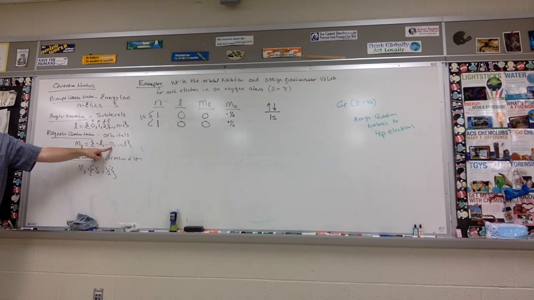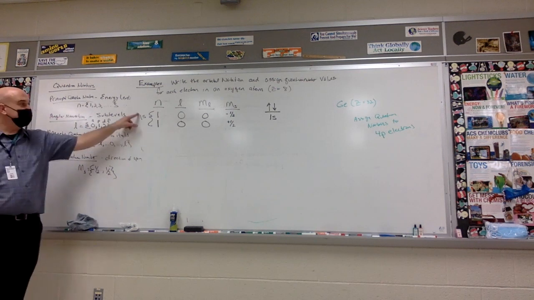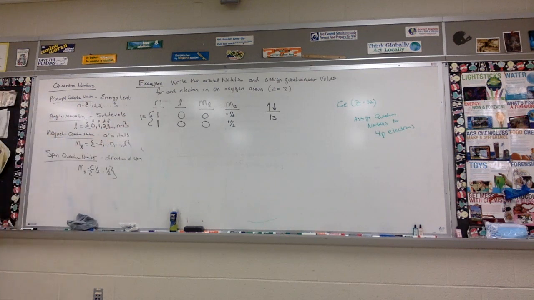Because in any S sublevel, I can only have one orbital, but I can put 2 electrons in any orbital, one spinning one direction, one spinning the other direction. So that represents my first 2 electrons of my 8. We're going to have 8 total rows.